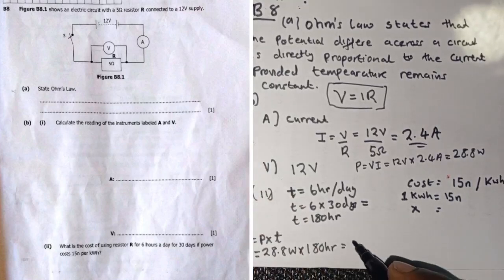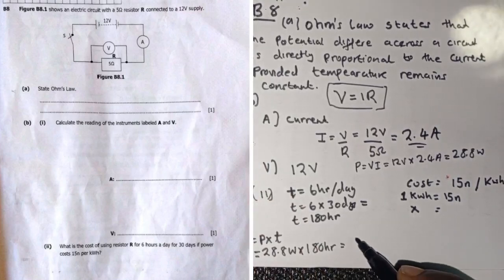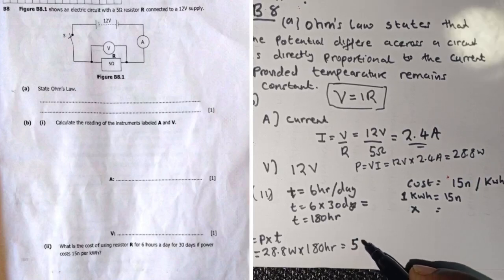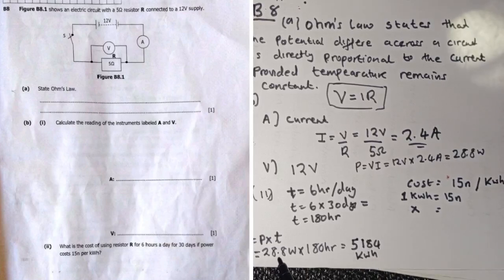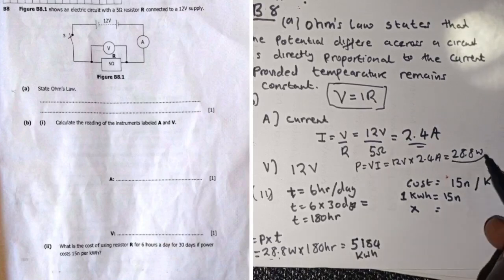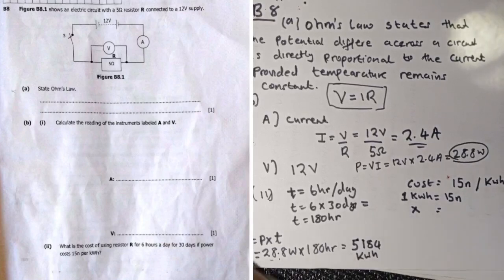Okay, so we get 5,184, and these units are in kilowatt hour, okay? Because, oh sorry, we needed first to change this to kilowatts. That was a mistake that we can make here.